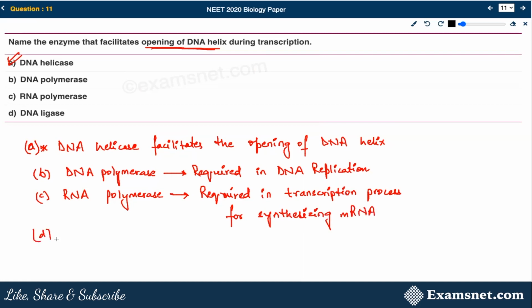And the D option, which is DNA ligase. DNA ligase is actually a kind of a sticky enzyme, you can say, and this is used to seal off any kind of breakage in the DNA strands. So that is called DNA ligase. So this is a sealing enzyme that is used in DNA replication.